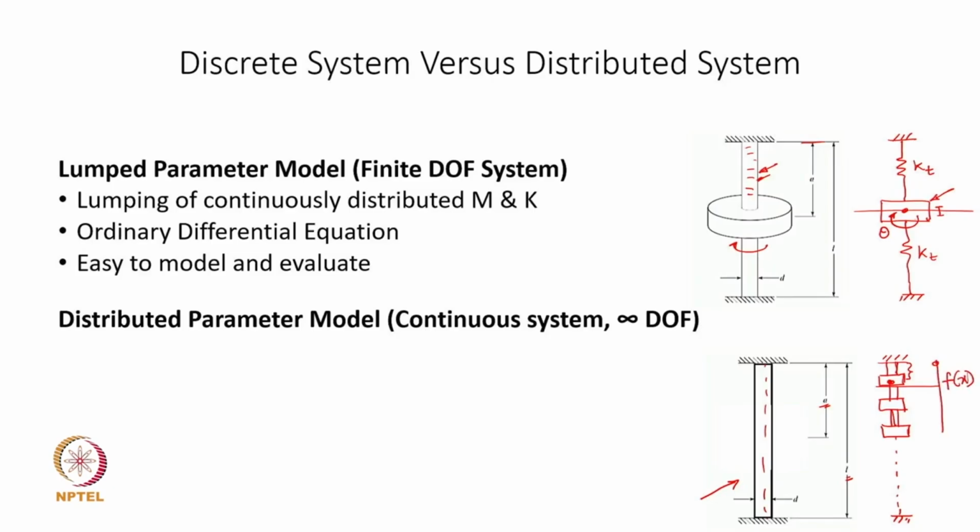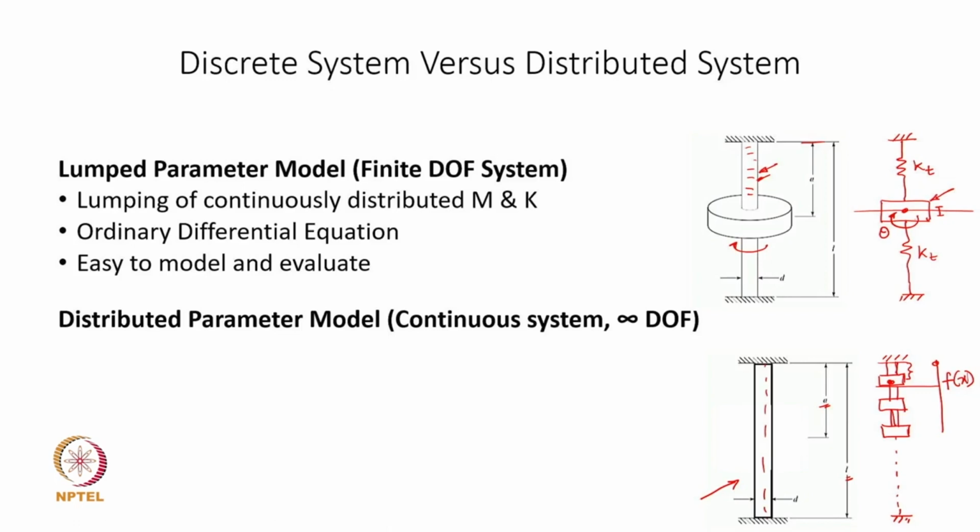Because you can have infinitely many such x positions, the degrees of freedom, if you count them for each position, will be mathematically infinite. So continuous systems are essentially an infinite degree of freedom model. More appropriately, I would prefer to call it a distributed parameter model.